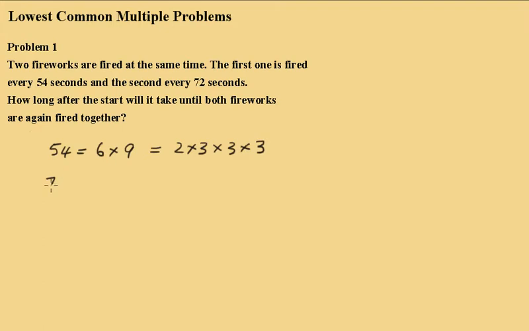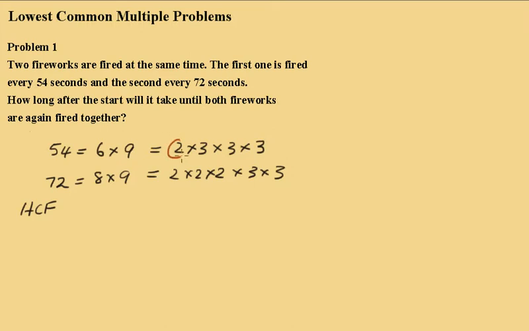Now 72 is 8 times 9, and that's 2 times 2 times 2 times 3 by 3. Now I'll find the highest common factor, and so we'll circle all the common factors.